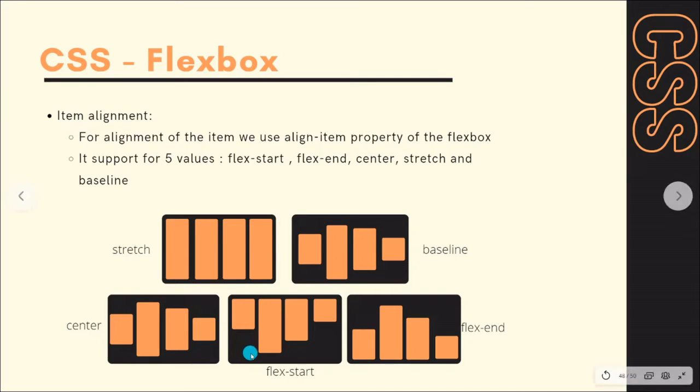So we will use flex start. If we want the items to be aligned at the bottom of the container, we will use flex end. For centering the items in the container, we will use center. And if we want all the items to cover the whole height of the container, we should use the align items property with a value of stretch.